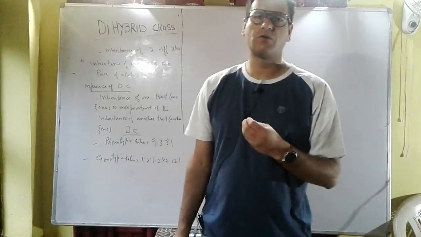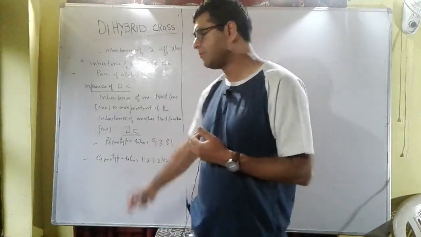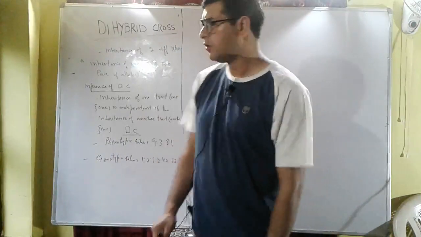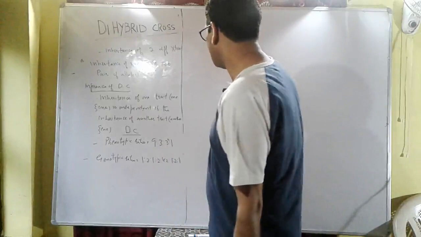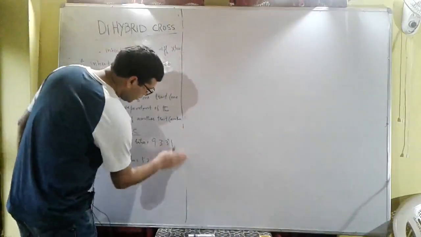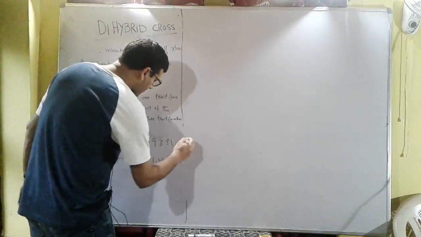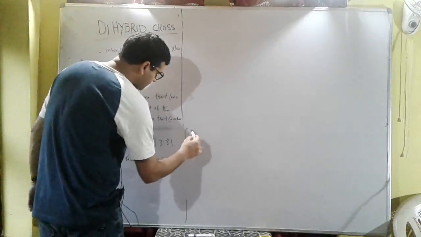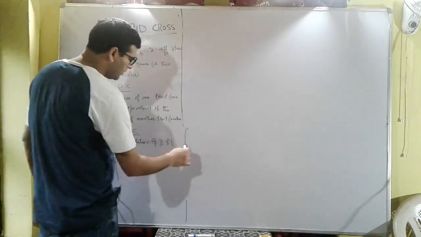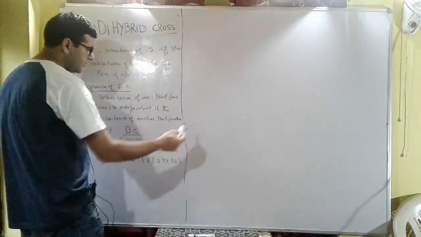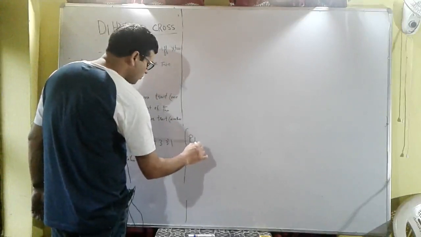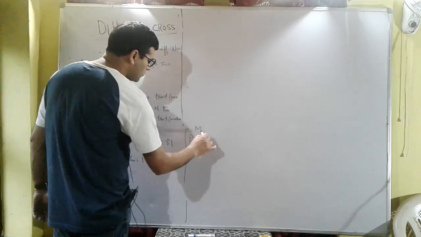We can also calculate this phenotypic ratio and genotypic ratio in case of dihybrid cross from the monohybrid cross. How can we calculate it from the monohybrid cross?